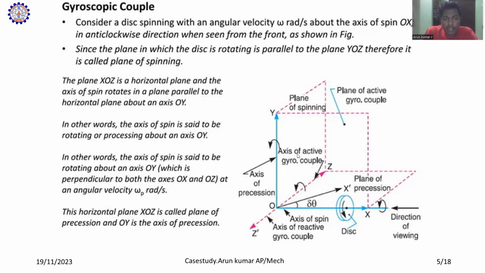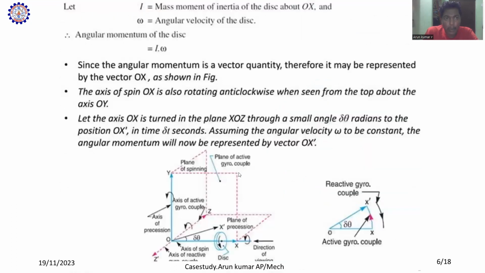The axis of spin is said to be rotating about an axis OY, which is perpendicular to both axes OX and OZ, at an angular velocity of omega p, that is radian per second. This horizontal plane XOZ is called the plane of precession and OY is called the axis of precession. So from this lecture, we see that I omega is called the angular momentum of the disk.